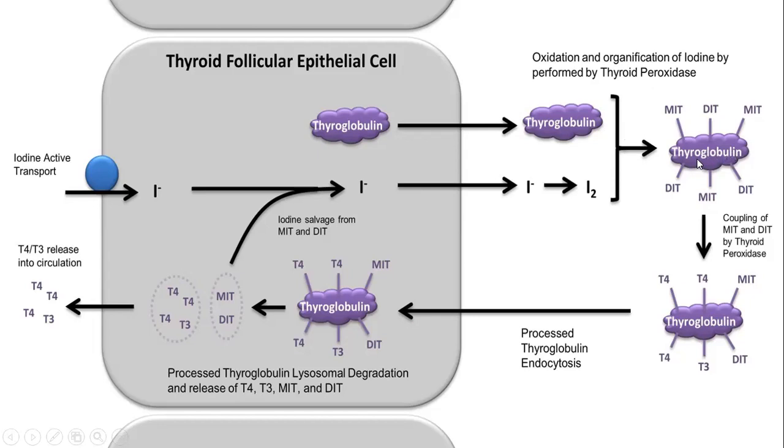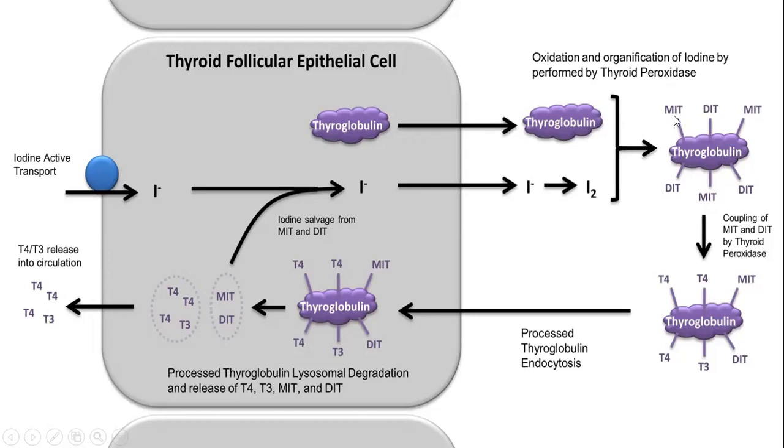So when we say organification, this means linking or binding of the diatomic iodine to the tyrosine contained in the thyroglobulin. This organification process is catalyzed by the enzyme thyroid peroxidase.